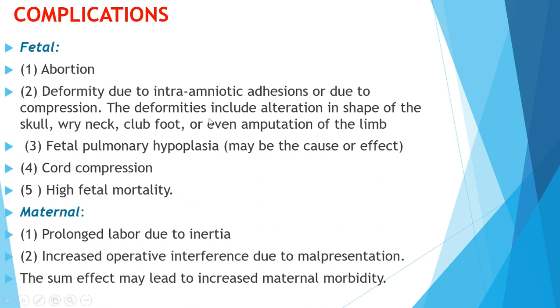The malformations include alteration in the shape of the skull, wry neck, club foot, or even amputation of the limb. Fetal pulmonary hypoplasia and cord compression, because when contractions occur the cord may be compressed, which may affect fetal blood flow, and high fetal mortality. These are the fetal complications.